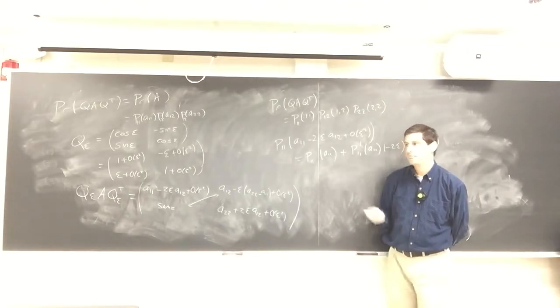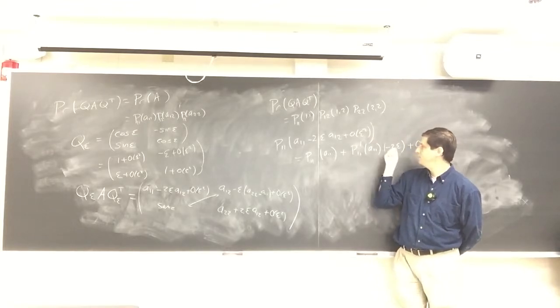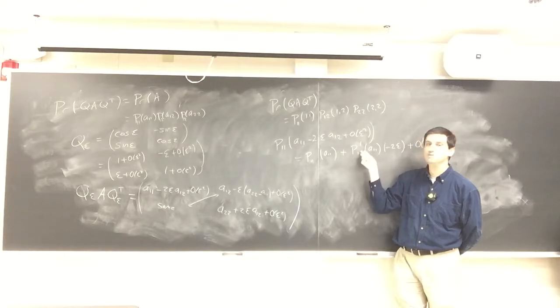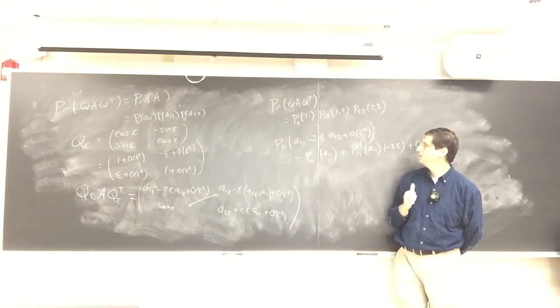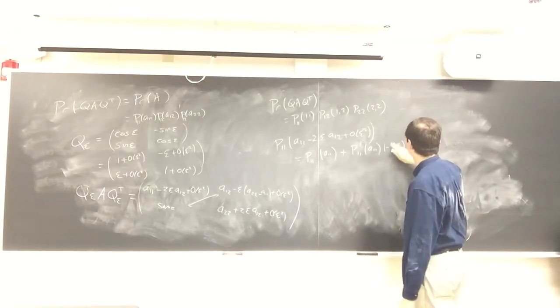And if you want, I actually have some of the epsilon squared in here as well. I've got some epsilon squared coming from the fact that I should really have a second term in my Taylor expansion. And I have some epsilon squared because I shouldn't be evaluating this at negative 2 epsilon, I should be evaluating negative 2 epsilon A12 plus order epsilon squared. Oh, so actually I should have an A12 as well.